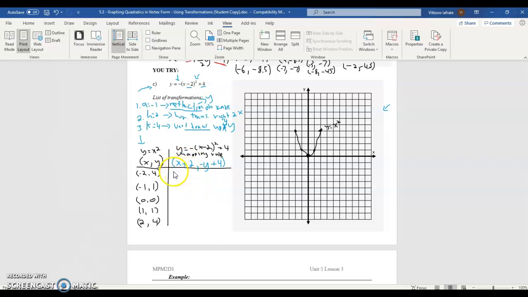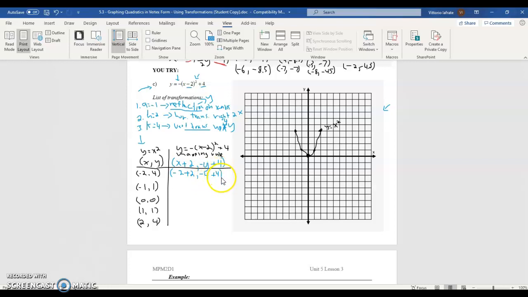So I'm going to show you the work that's done. We'll start with the first coordinate, -2, 4. So we'll change our x first. Our -2, we're going to add 2 to that. And then for our y, it's going to be -4 plus 4.